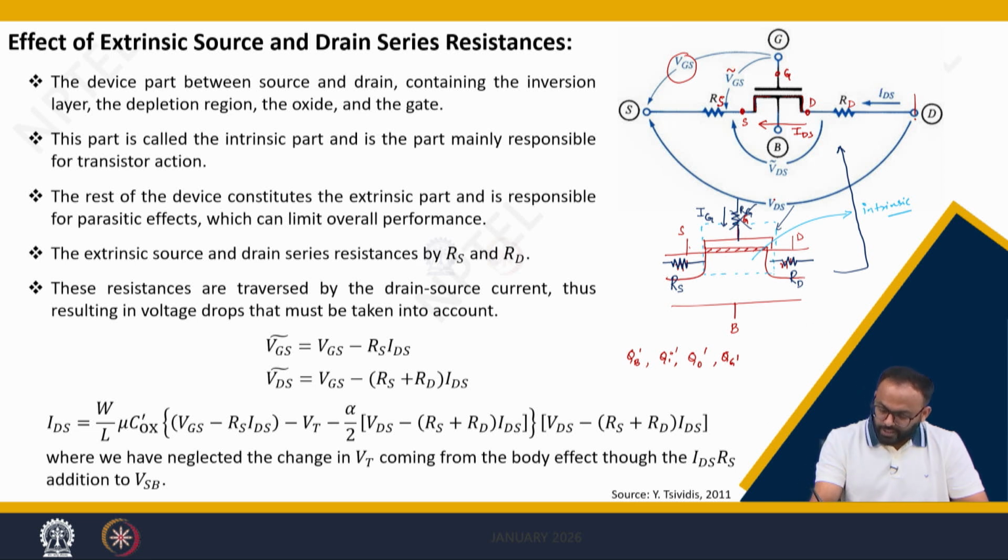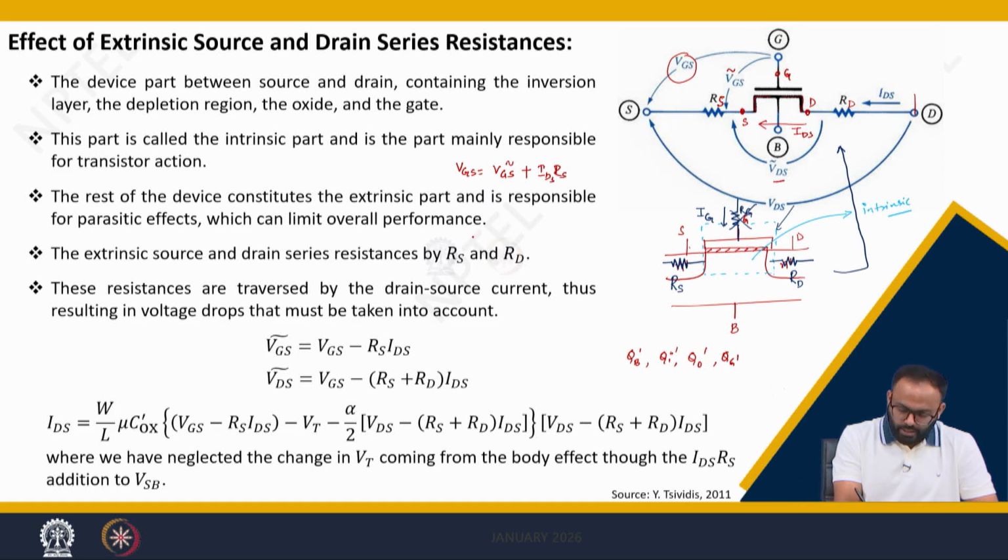Similarly, the effective VDS experienced by the intrinsic part is VDS cap, not VDS, right? Hence, if you simply solve a KVL, you can see that VGS is equal to VGS cap plus ID into Rs, or you can write IDS.